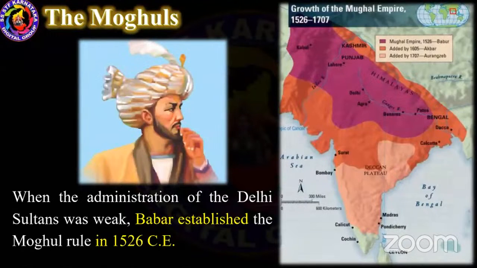The second, orange color, is the empire which was added by Akbar. And the next is the empire added by Aurangzeb, up to this slide.